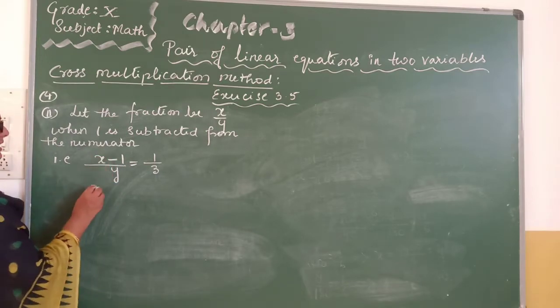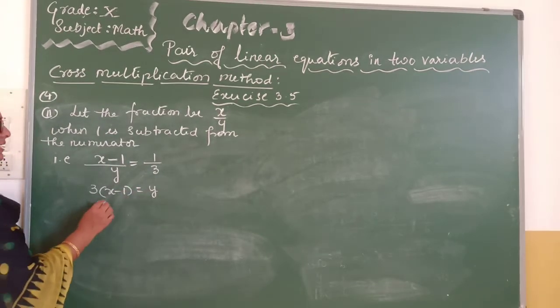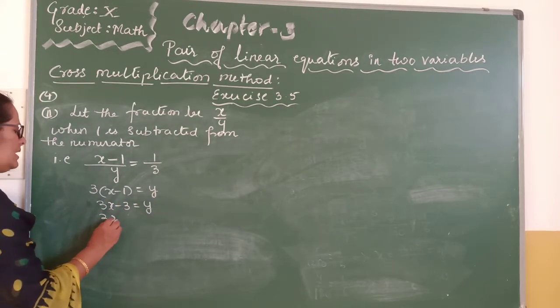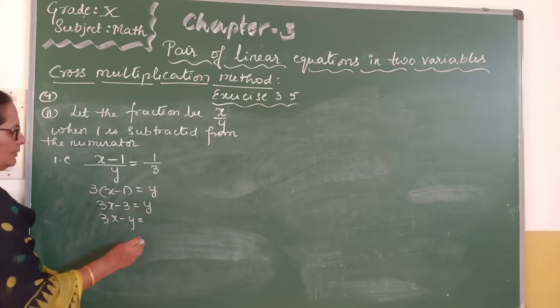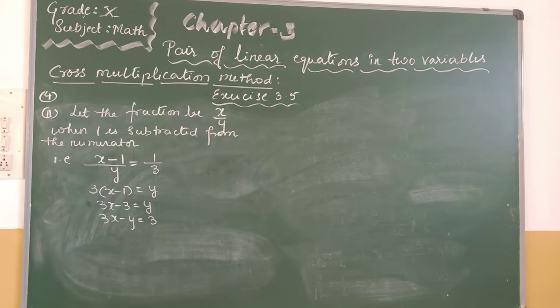So cross multiply: 3 into x minus 1 equals y. 3x minus 3 equals y. So 3x minus y equals 3.